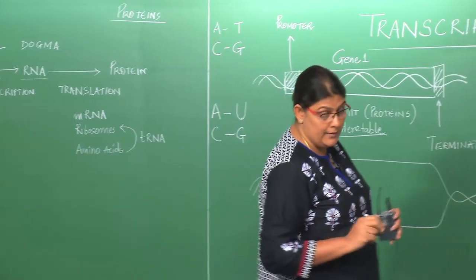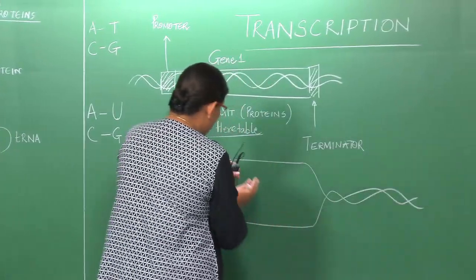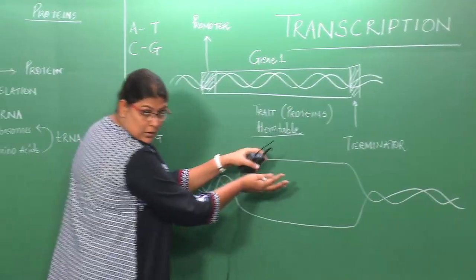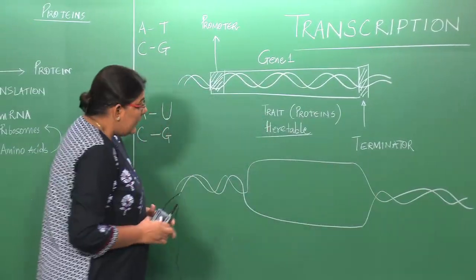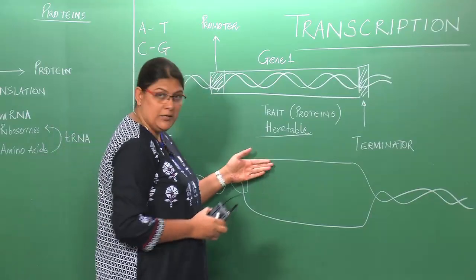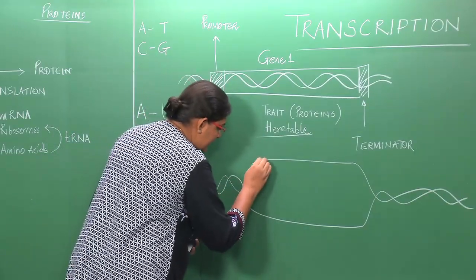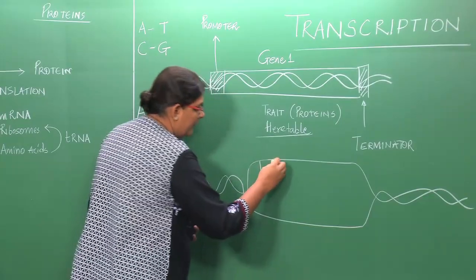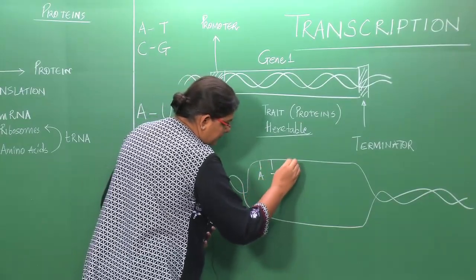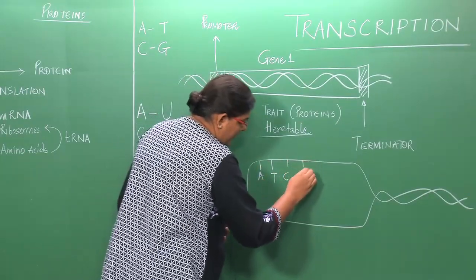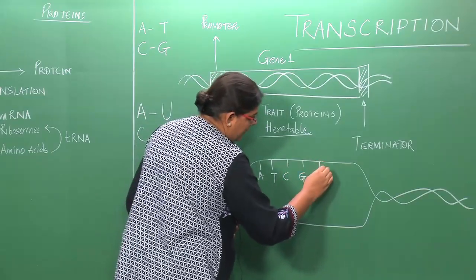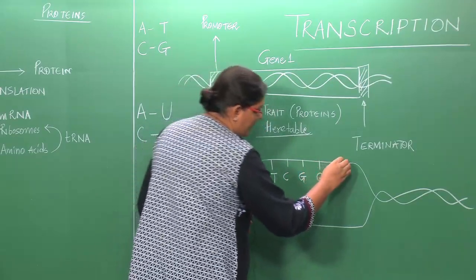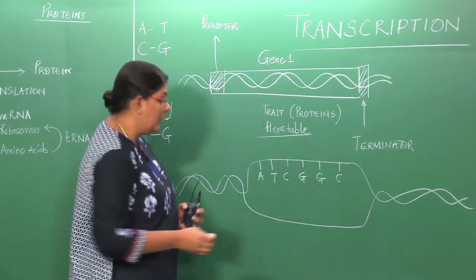Okay. So, this is the rule which has to be followed, but the rest of it is the same, it is still complementarity. The hydrogen bonds have to be broken to separate the two strands, and then whatever is the information, let us say there is a set of sequence here, it has a T, a C, a G, again, and a C. Okay.